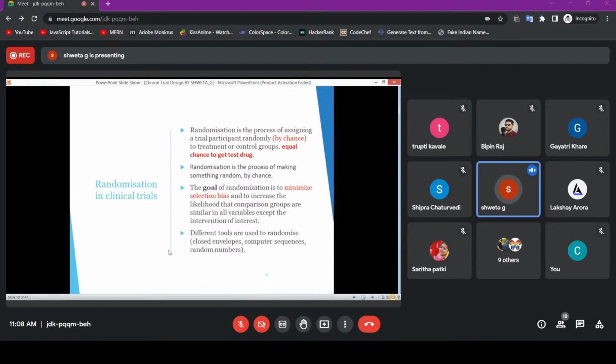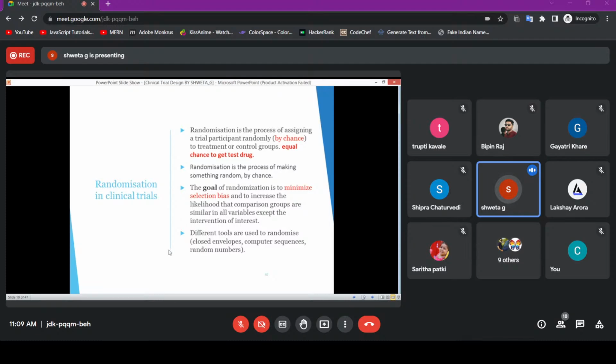Then comes randomization in clinical trials. Randomization means assigning by chance. One participant gets the test drug, another gets the placebo. This is not decided by the investigator but by the randomization process, by the system. Every participant taking part in the research has an equal chance of getting the test drug.